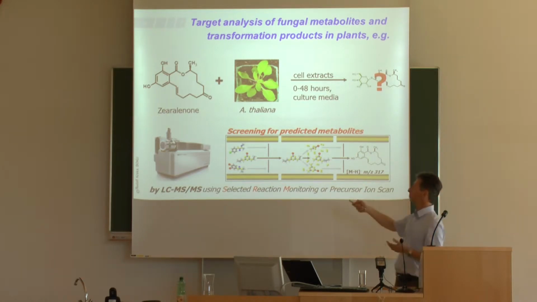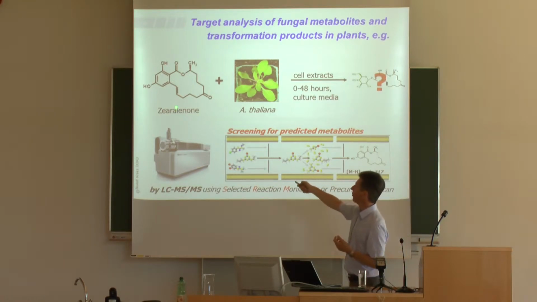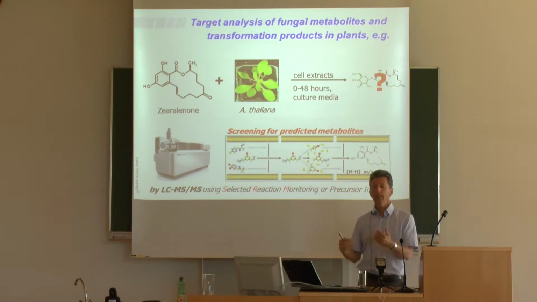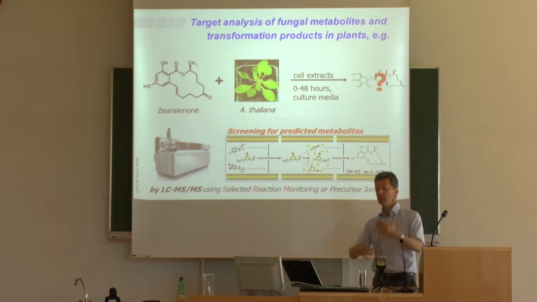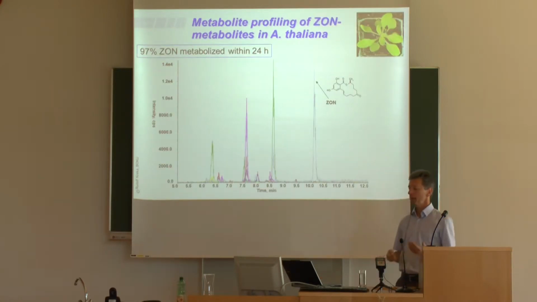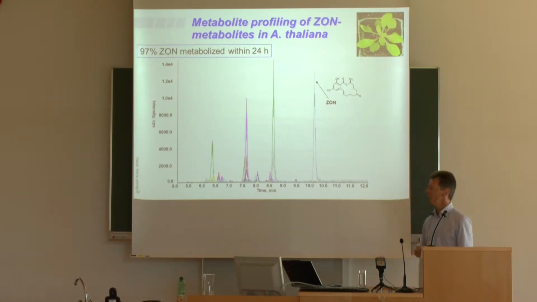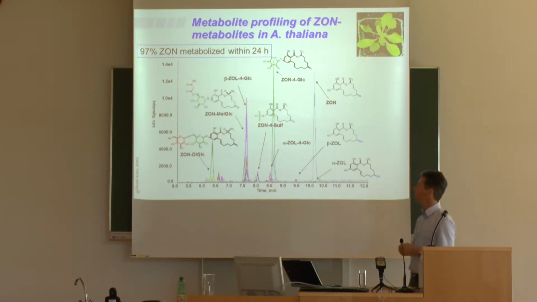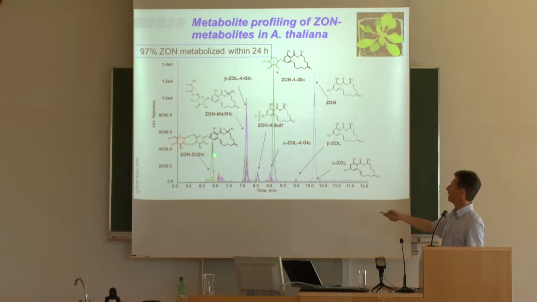So what we did is adding zearalenone to Arabidopsis thaliana and see what is the capability of a plant to metabolize a mycotoxin. And actually, you see, even with time-of-flight mass spectrometry and precursor ion scan, 97% of the zearalenone was metabolized within 24 hours with a great variety of different metabolization products: D-glucosides, malonyl glucosides, sulfates, zearalenols, and so forth.